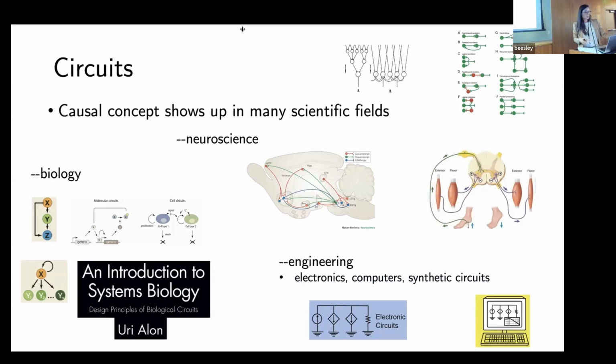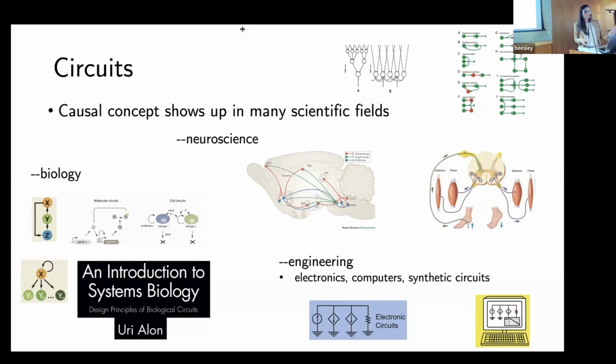Feed-forward loop, single input system, feedback loops, you name it. So a nice set of cases where we're seeing the use of this circuit concept showing up in different domains.